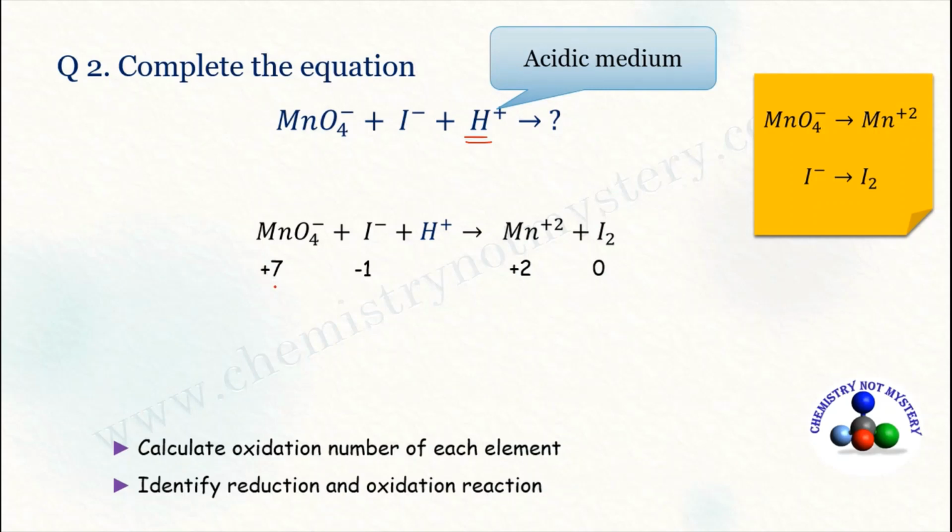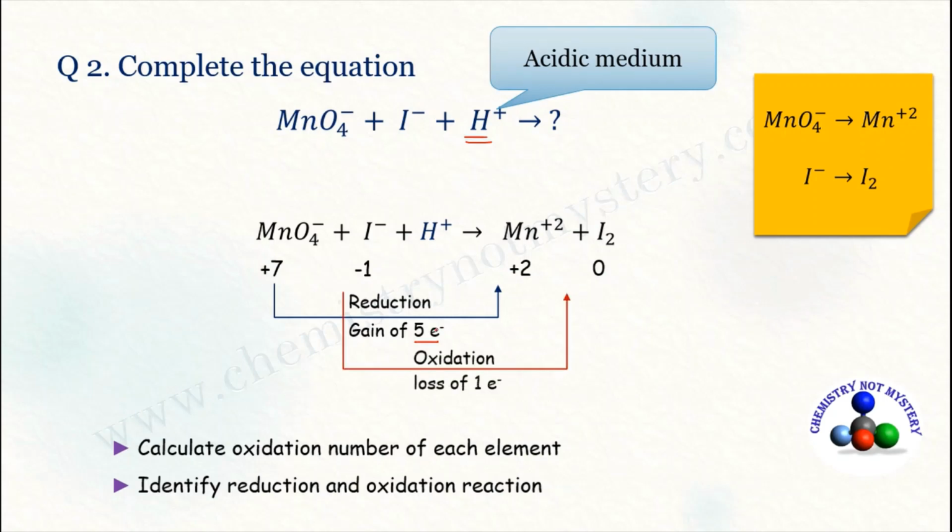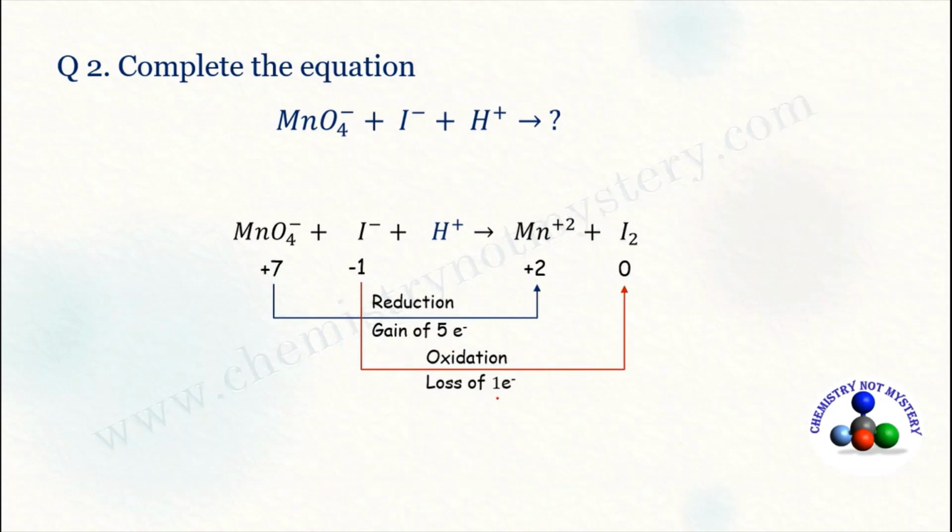Now identify the reduction and oxidation reactions. Decrease in oxidation number is reduction. So Mn reduces from +7 to +2 by the gain of 5 electrons. And iodine oxidizes from -1 to 0 by the loss of 1 electron. Now balance the elements other than oxygen and hydrogen.